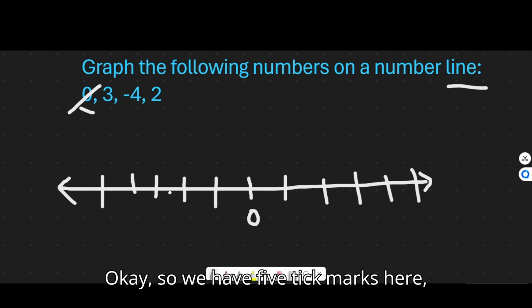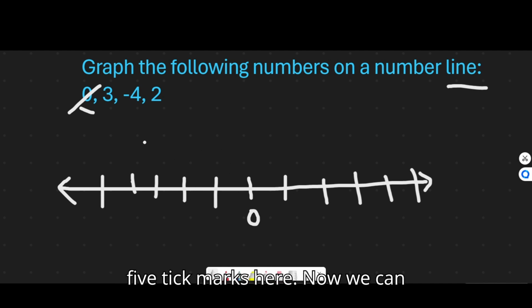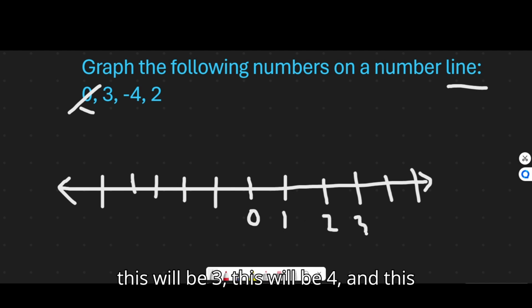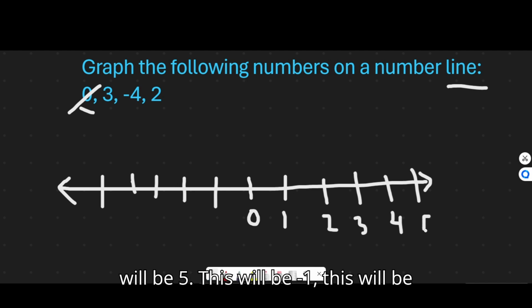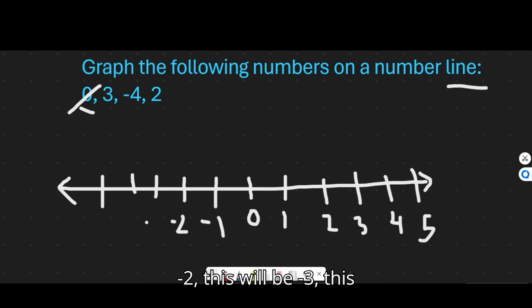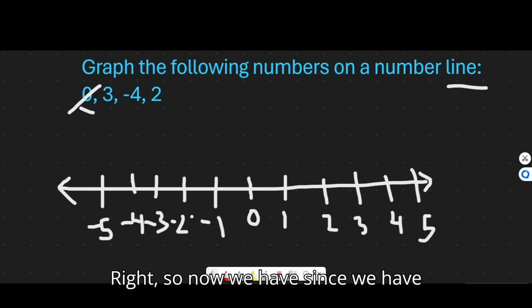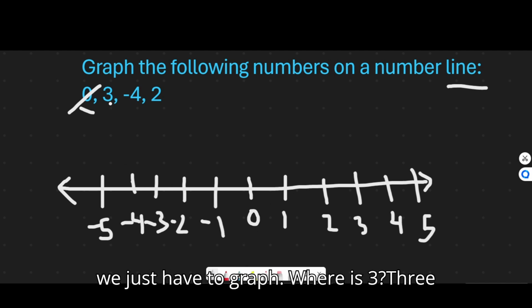Now we can identify. This will be 1, 2, 3, 4, and 5. This will be -1, -2, -3, -4, and -5. Right?